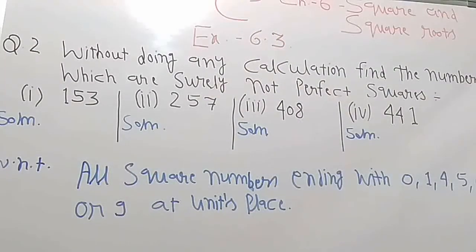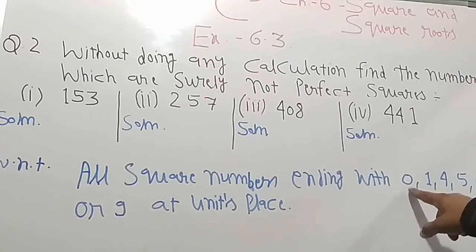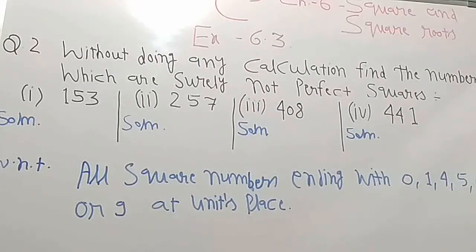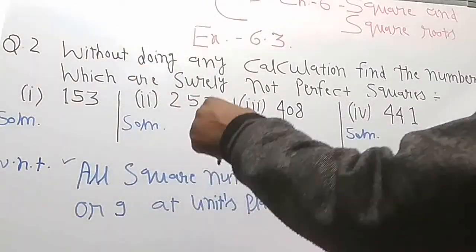It means if the numbers are square numbers, then they end with 0, 1, 4, 5, 6 or 9 at the units place. Now on the basis of this condition we can check our given numbers.